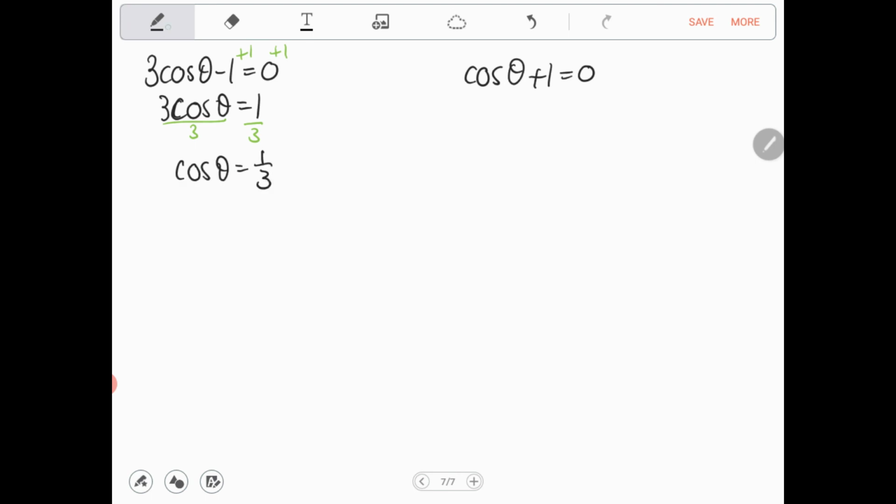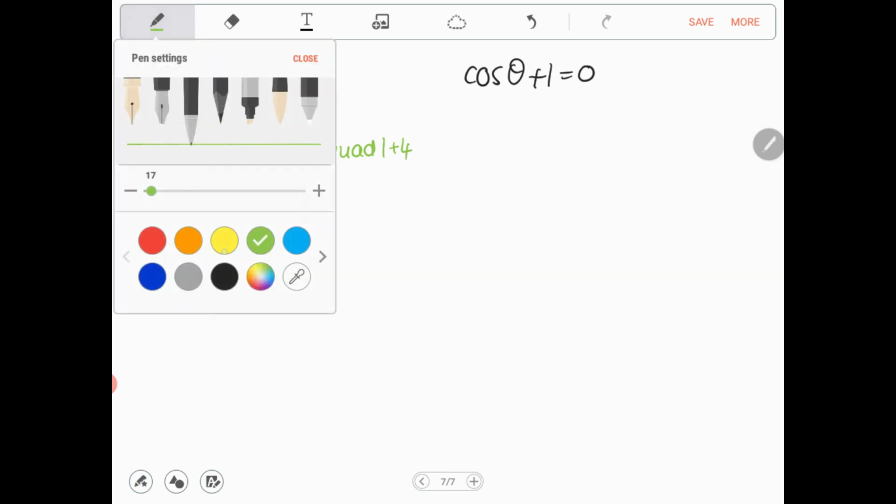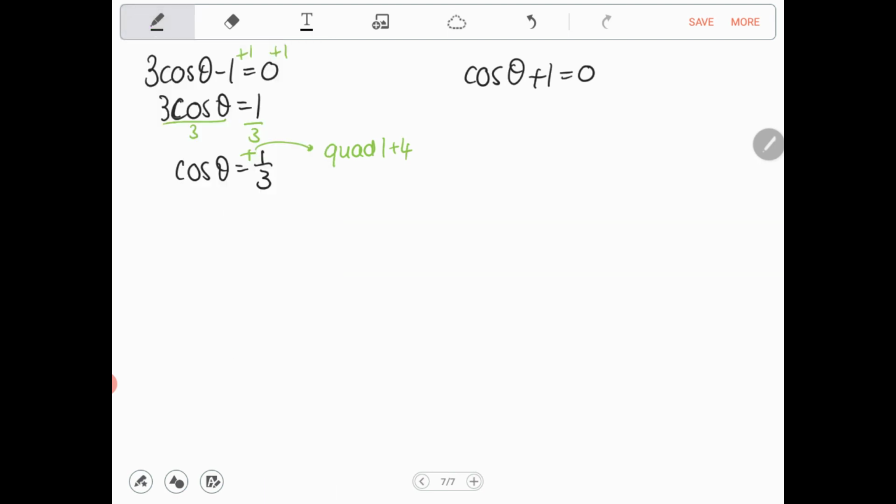All right, so cos is positive, quadrants 1 and 4. Reference angle. So it's going to be arc cos 1 over 3 and we're going to get 70,53 degrees.